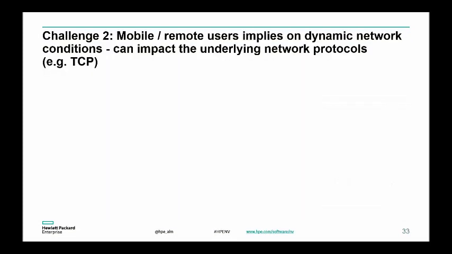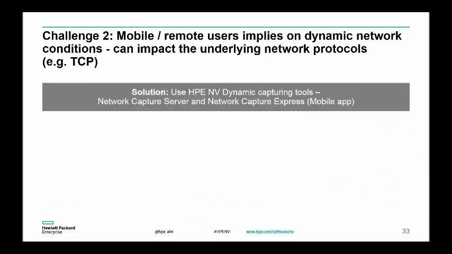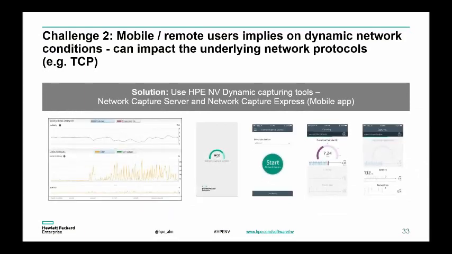The second challenge is to be able to mimic dynamic networks. HPE network virtualization offers two products to do so. The first one is the network capture server, which is a companion product to any LoadRunner and Performance Center customer.